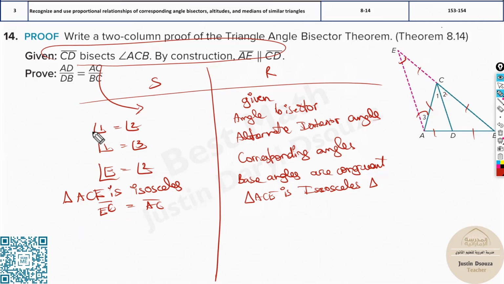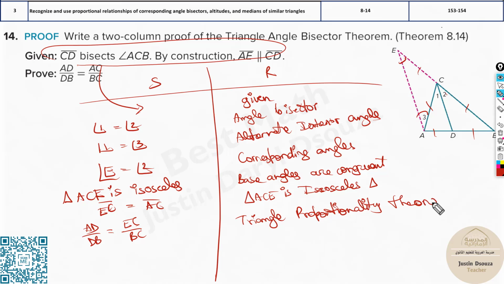It would have been better if I'd written the triangle proportionality at the top, but even if you have understood initially, that's fine. I can write it down now as well. AD divided by DB will be equal to EC divided by BC. This is from the triangle proportionality theorem.